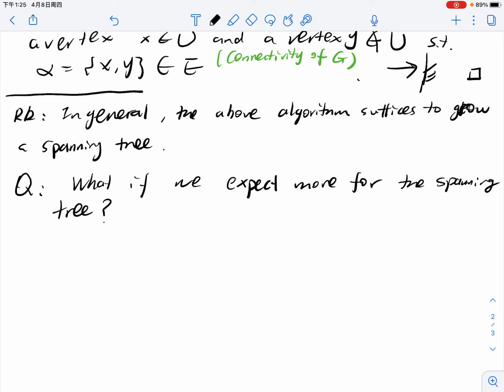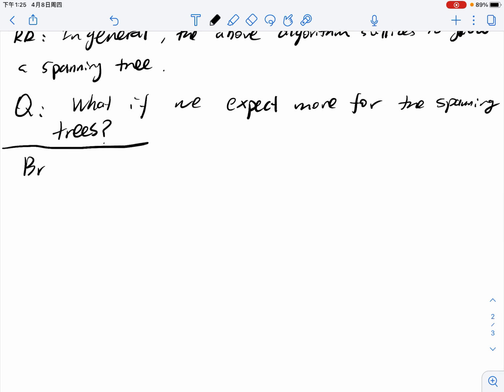From the previous lectures, we know that usually for a connected graph, there are many spanning trees. Some are very special, satisfying certain properties, some satisfy other properties. So how to make a more explicit algorithm to derive certain spanning trees with specific properties. So here first we introduce the following, which is very famous.